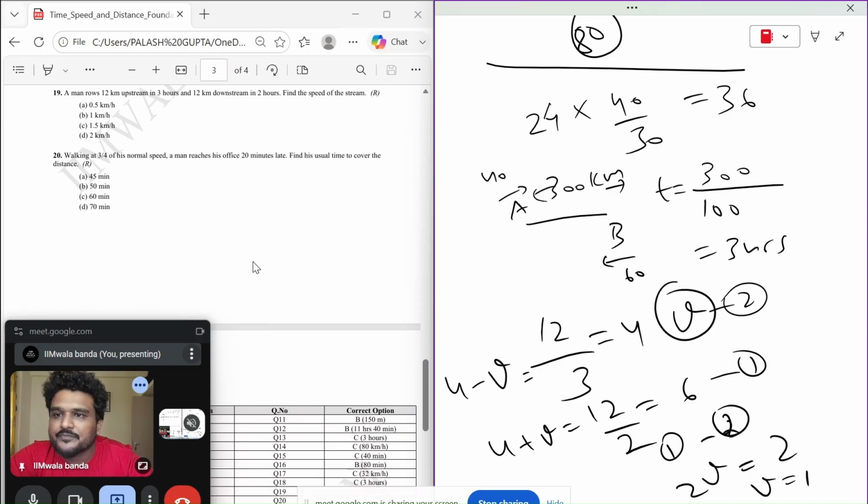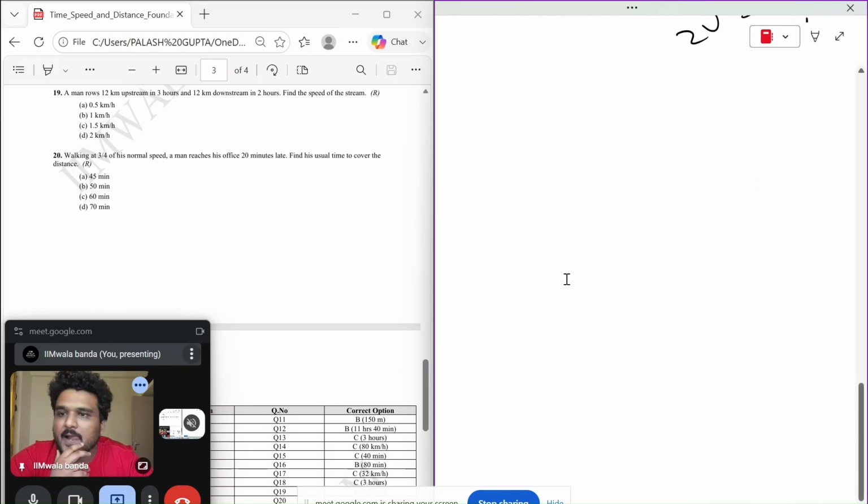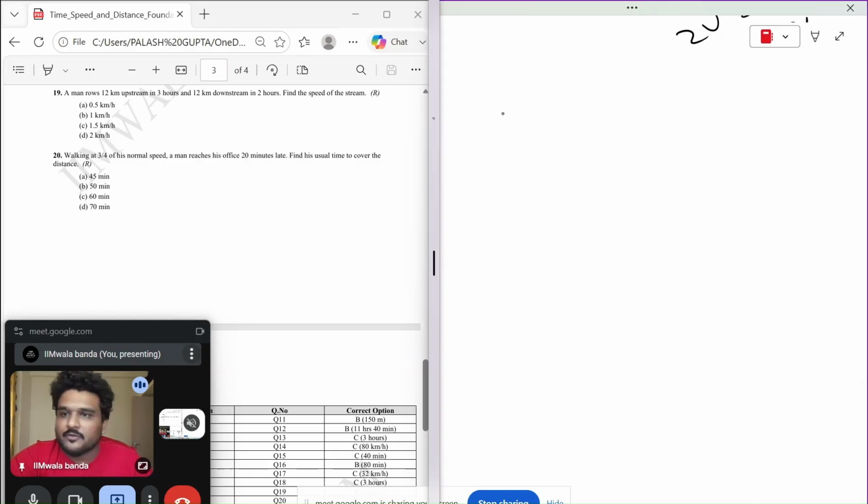Let's go. Walking at 3/4 of his normal speed, a man reaches his office 20 minutes late. Again, last question, but a very common type. Let's assume the normal speed as S and the normal time as T. If it is 3/4 of his normal speed, he reaches 20 minutes late, or it takes 20 minutes more.